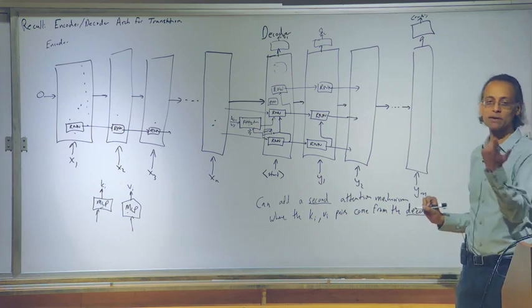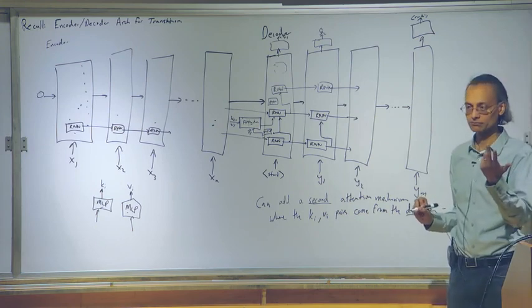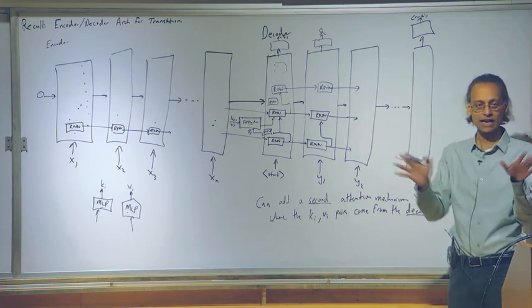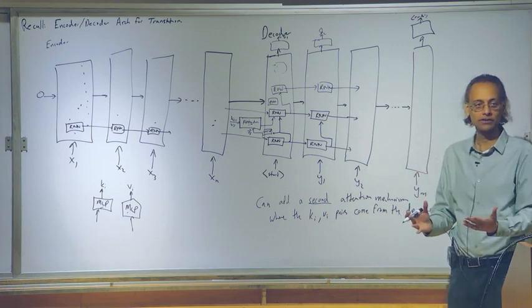So instead of querying one memory, we can query two memories. Is that clear to everybody? How it's a natural design choice you might want to do?